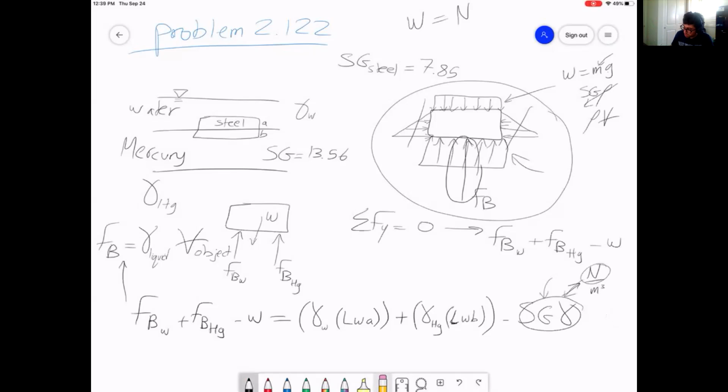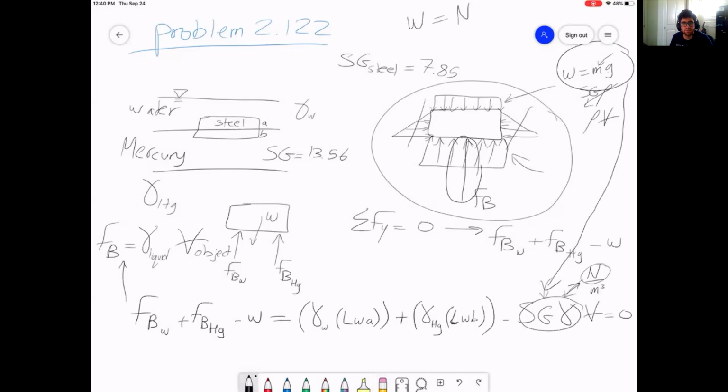So SG times specific weight times volume is equal to the weight. That's how I like to solve these problems: follow the units. Right now, I don't know the formula for W, so I just start from mass times gravity and work my way to this one, following the units.